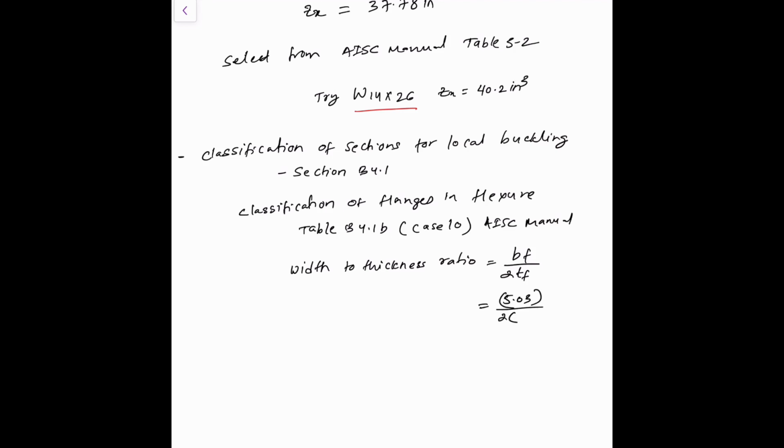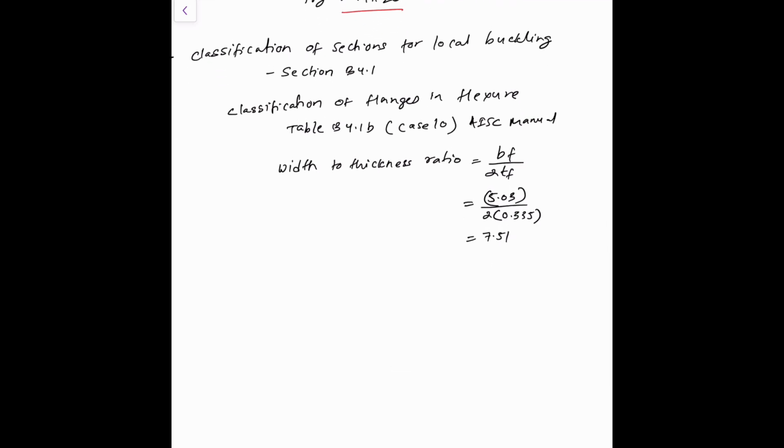So twice the thickness of the flange is 0.335. This gives us 7.51.